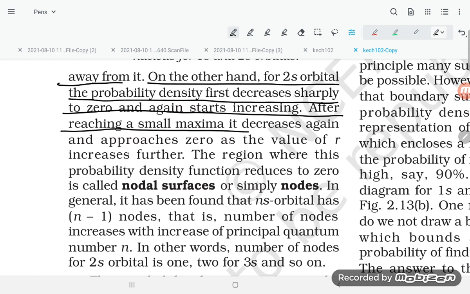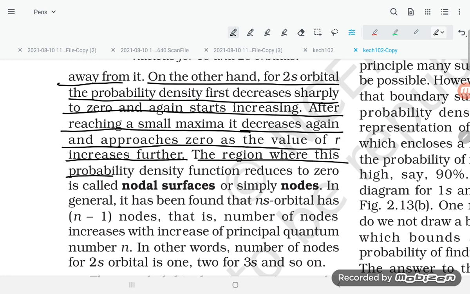After reaching a small maxima, it decreases again and approaches 0 as the value of r increases further. The region where this probability density function reduces to 0 is called the nodal surface or simply nodes. So where the probability density for finding the electron is 0, students, that is what is called a node.